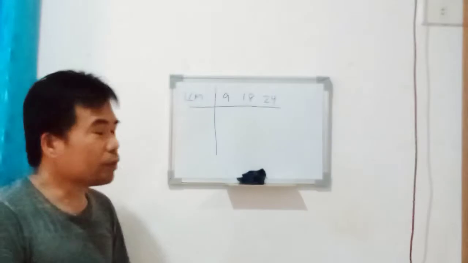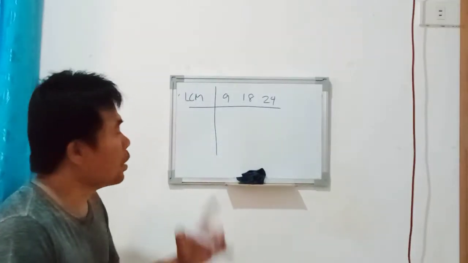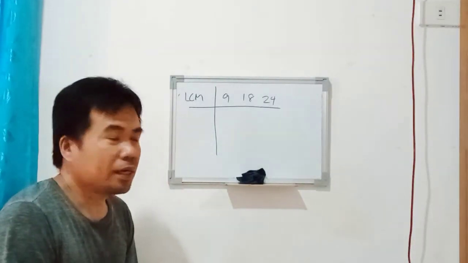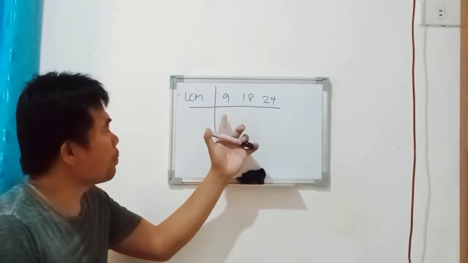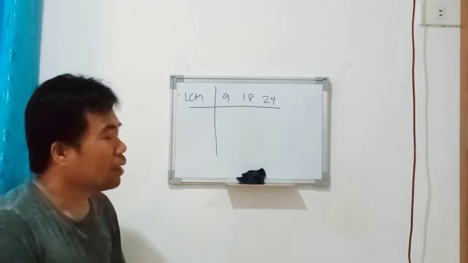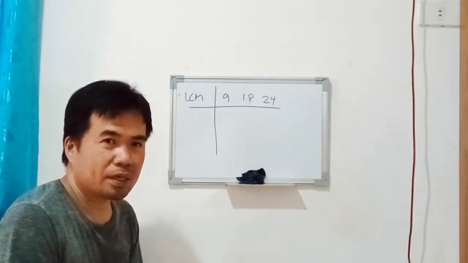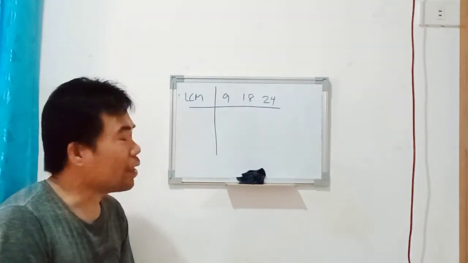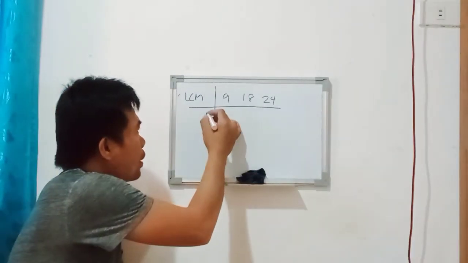In prime factoring, we must use the lowest prime factor for this set of numbers. You can observe that these numbers, 9, 18, and 24, can all be divided by 3. So therefore, the lowest factor is 3.